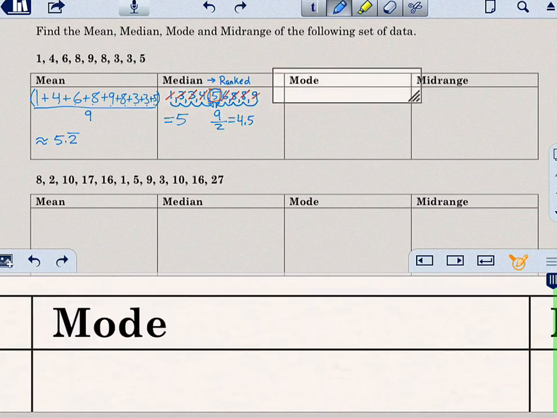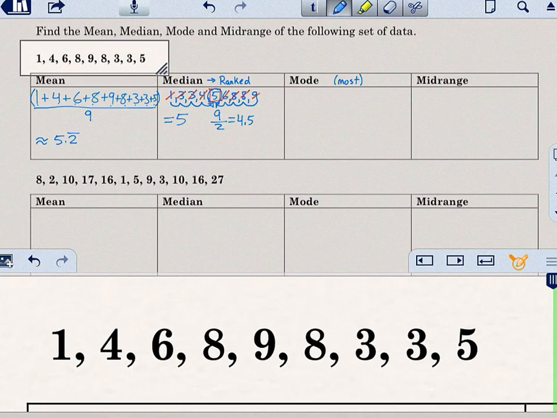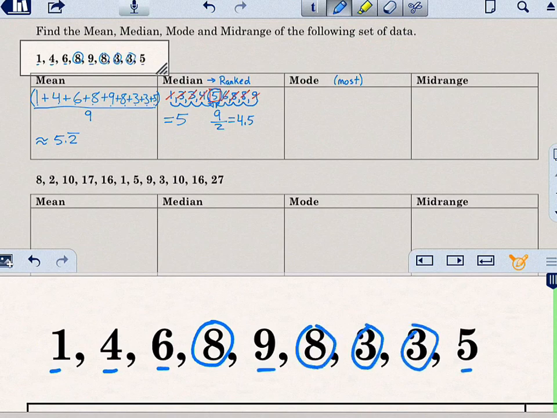All right, next let's take a look at mode, and we remember that mode means most. So when we look at this data over here, we want to see which one has the highest frequency. There's only 1 one, 1 four, we have 1 six, we have 2 eights, we only have 1 nine, and we have 2 threes, and we have 1 five.